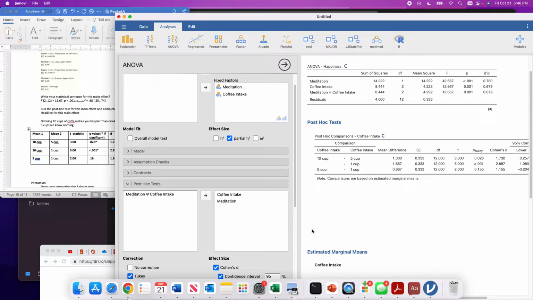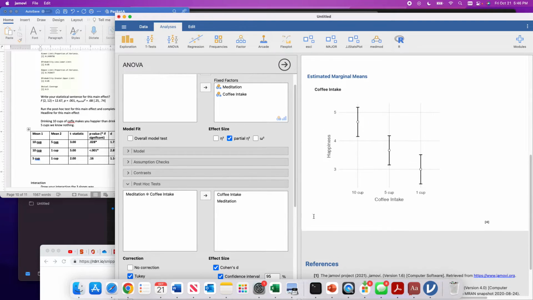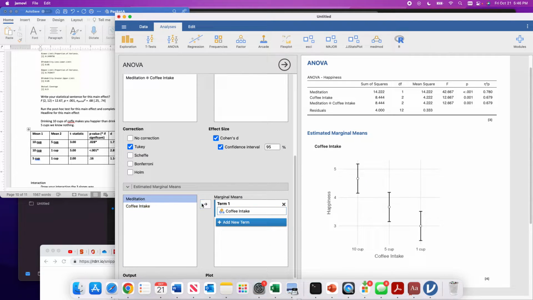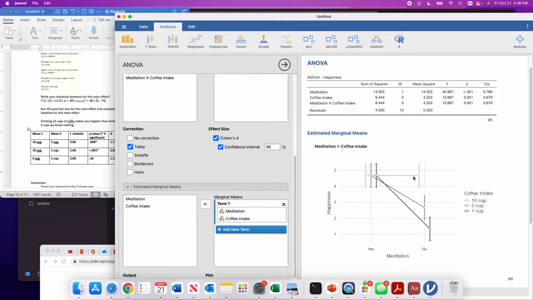So I'm going to put the interaction in such a way. Oh, that's not what I meant to do. I'm going to take these out of the post hocs there. We're going to leave those post hocs for later. But I want to create the graph with 3 lines because I'm teaching you that an interaction is a test of line slopes.